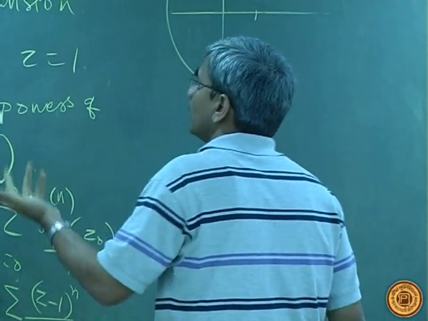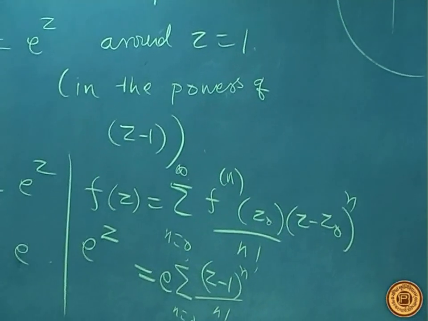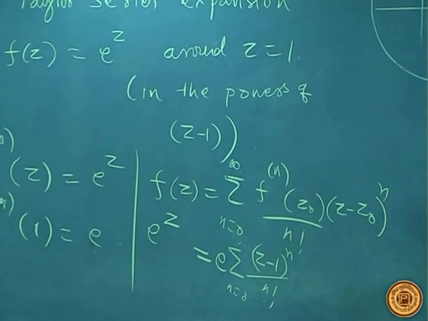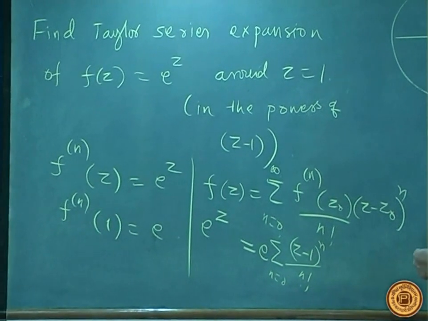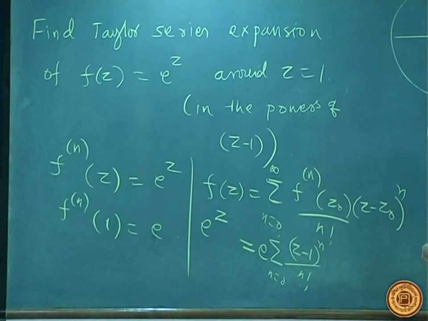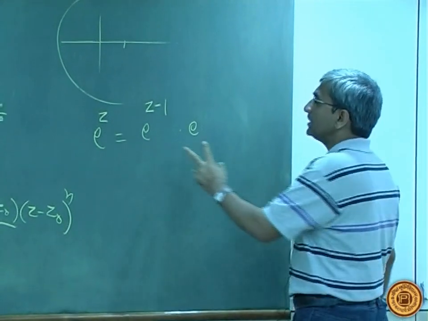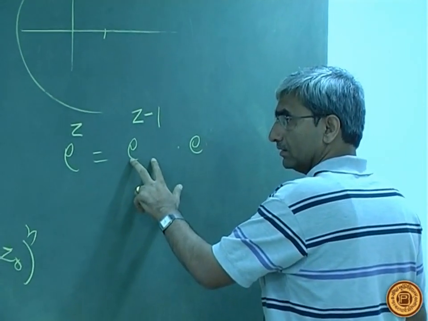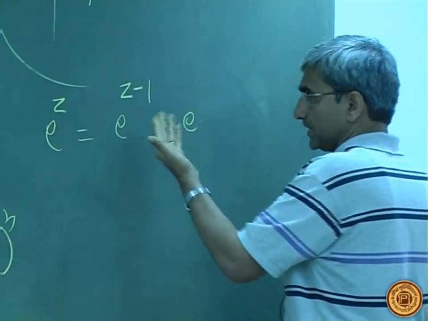Now another way of obtaining the Taylor series expansion around say z equal to 1, or for that matter any other point z0, is you write e to the power z as e to the power z minus 1 into e to the power 1. Now this you expand, e to the power z minus 1, then instead of z you have z minus 1.